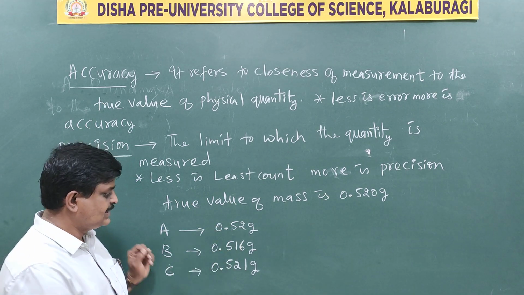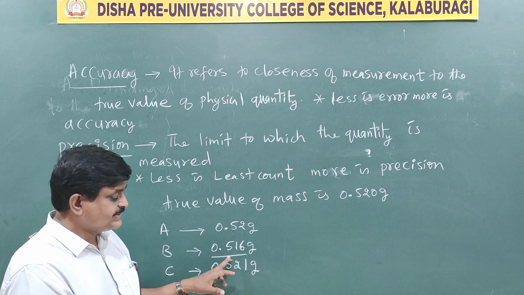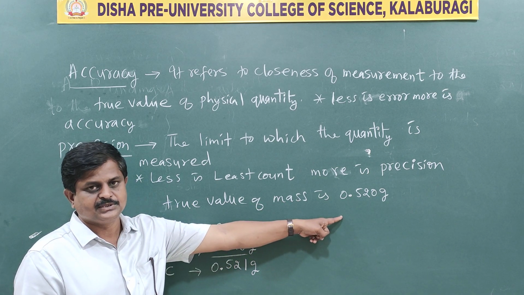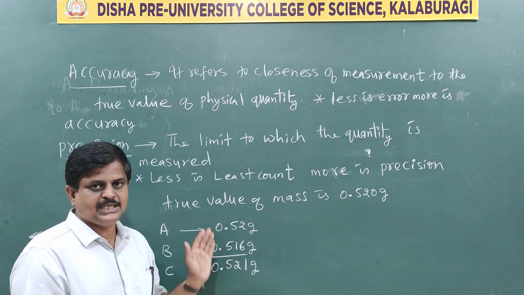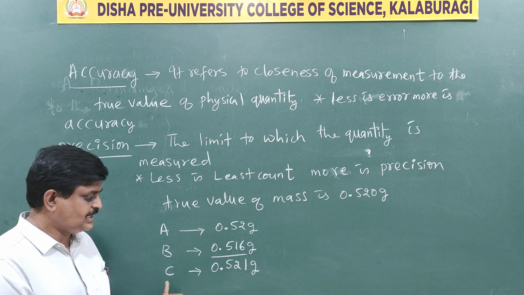Now coming to this, just see, 0.516. He has some precision, but still he is not accurate. Precision he is able to maintain, but accuracy he is still lacking. Now coming to this, see, both are matched here.